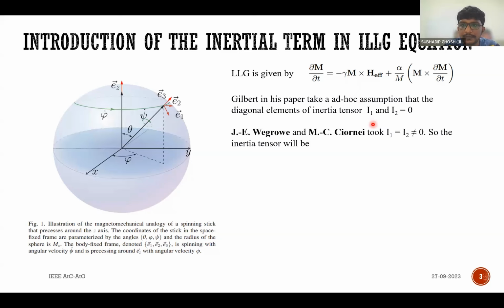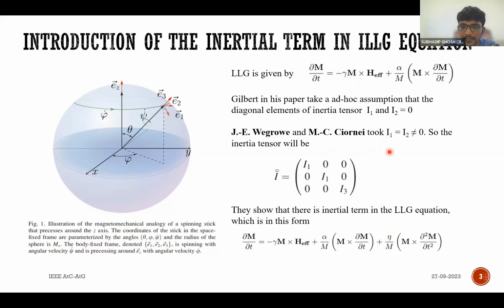So in recent work, scientists take I1 and I2 as non-zero, and they came up with another equation, known as the inertial Landau-Lifshitz-Gilbert equation, where this term includes the inertial effect, and eta here is the inertial relaxation time.